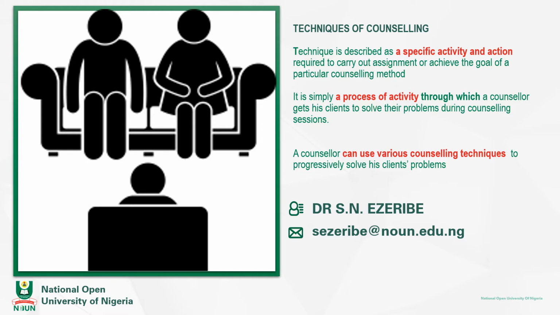There are specific actions or activities that you must undertake in order to achieve or solve the problems of the clients. These specific activities or actions that are required to achieve the goal of a particular counseling method are known as the technique.